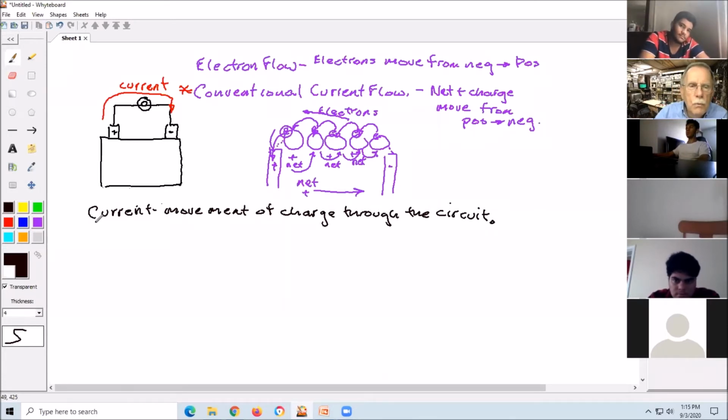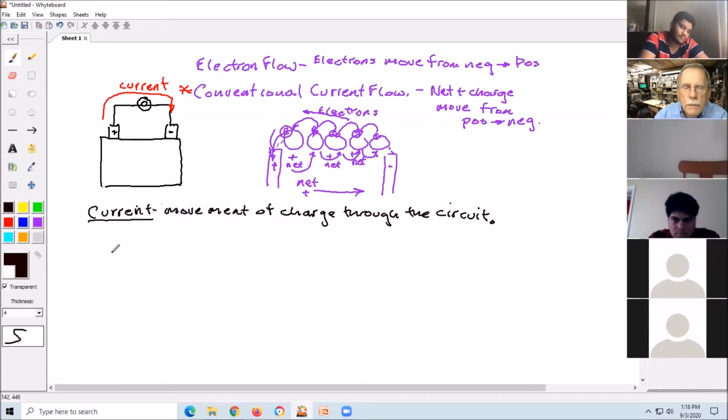So current is what we're going to look at. The designator for current, if we're going to put current in a formula, is I. The I stands, well, it was originally French, but for us it's intensity. It's the intensity of the charge flow.